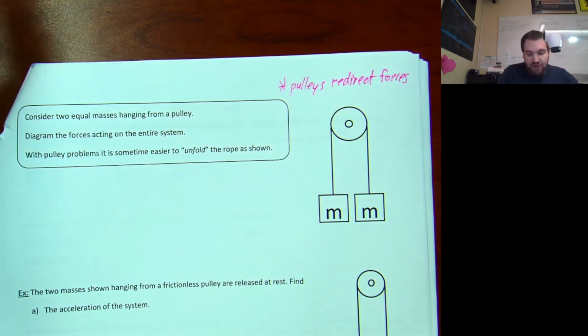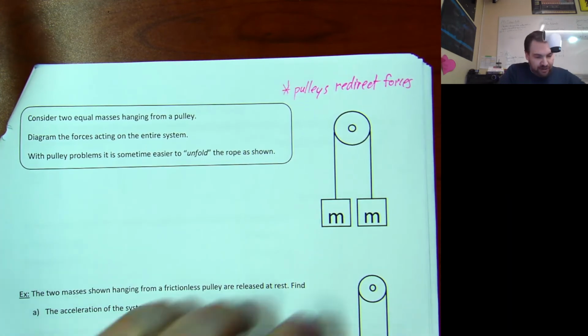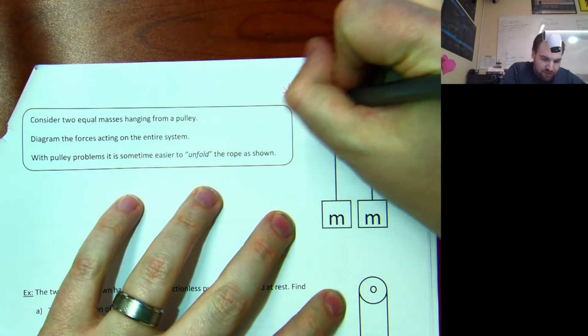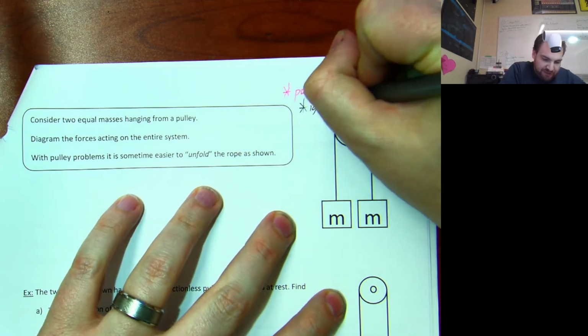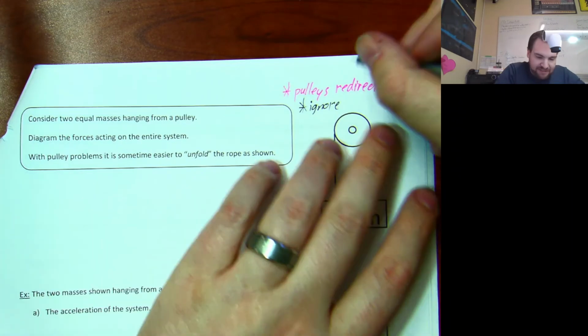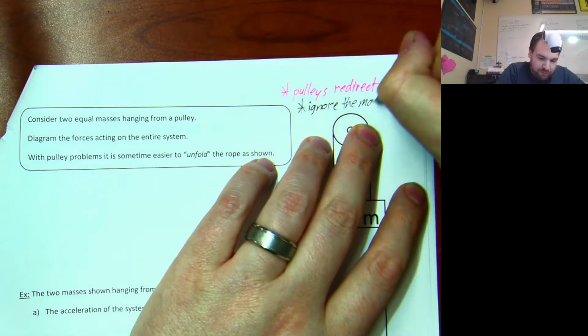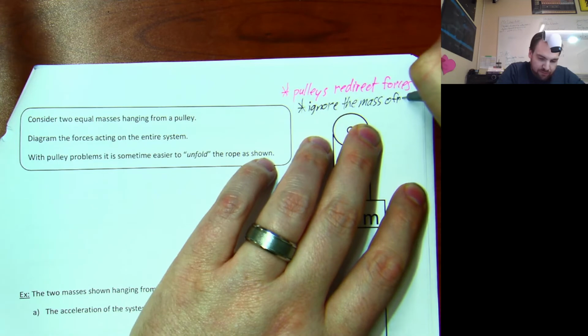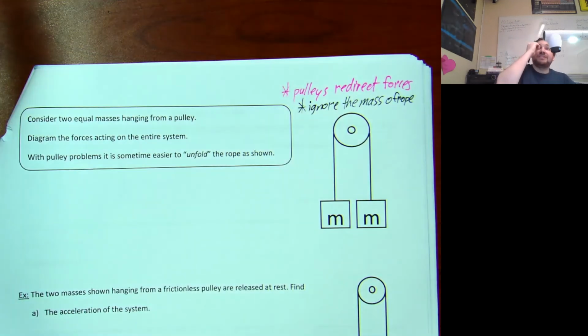The other thing we're going to do here, which you don't do in real life, is ignore two things. We are going to ignore the mass of the rope, because as soon as you don't ignore the mass of the rope, it brings in mathematics you guys don't know yet.